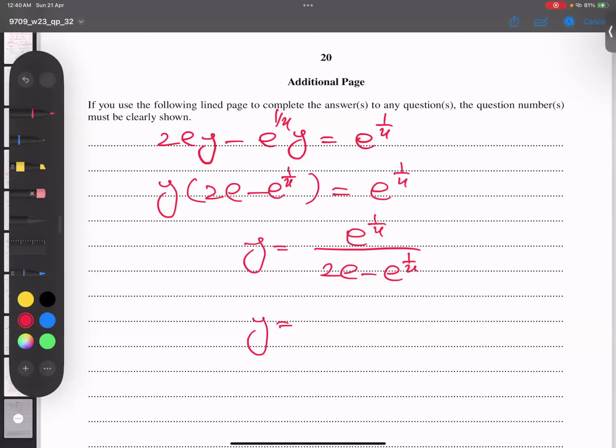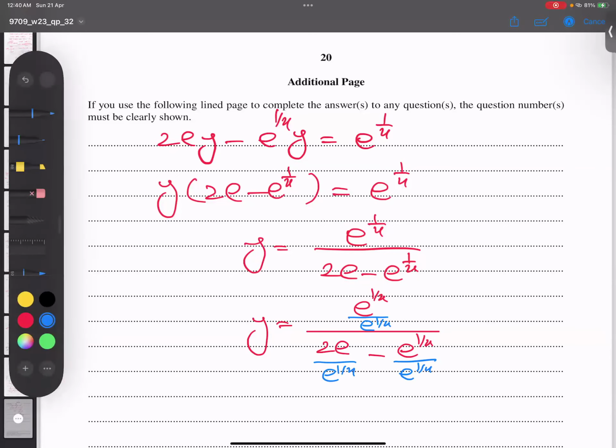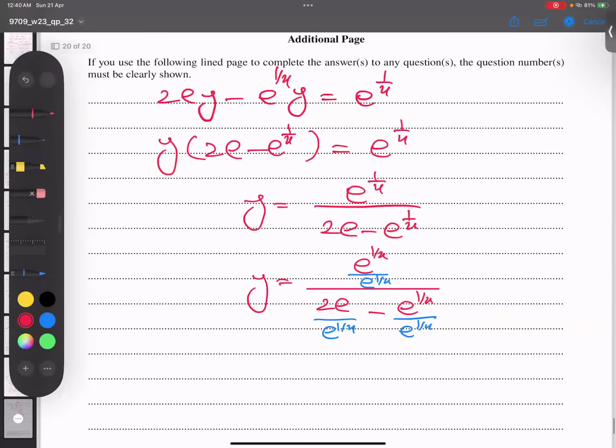But I know that this is the same, so I can divide the whole denominator and numerator by e to power 1 by x, look, I show you in blue color. Divided here, divided here, and divided here. This is not compulsory, students. We can stop even at the top part. This cancels out, this cancels out.